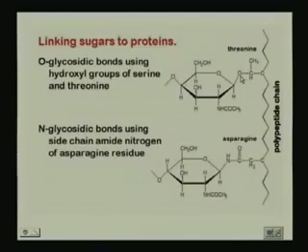Now, this sugar has to be linked to the polypeptide chain through amino acids, because that is what forms the polypeptide chain, right. So, when we form these glycoproteins, it is the threonine OH that can link to form an O-glycosidic linkage, or it is the amide nitrogen that can form an N-glycosidic linkage, fine.